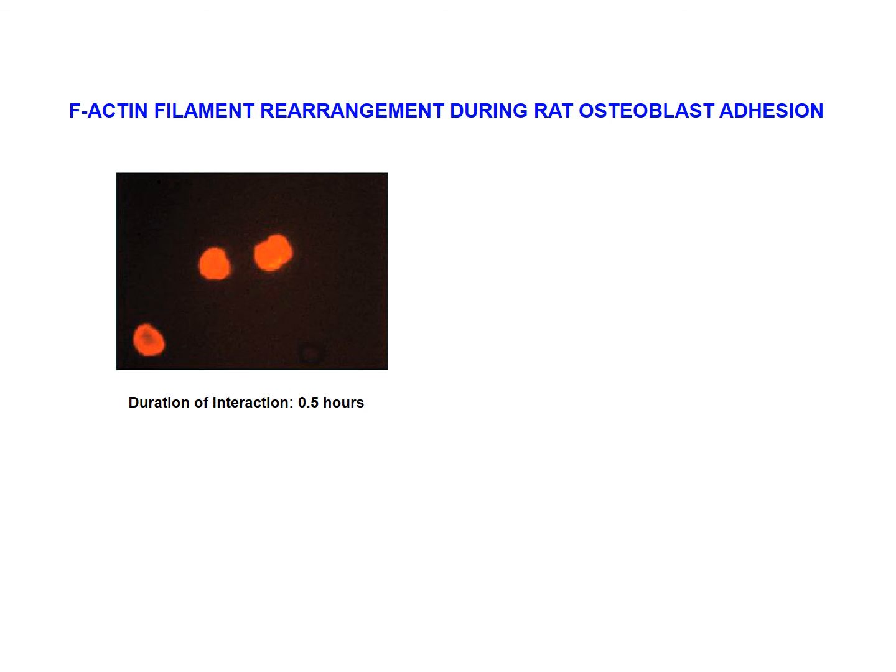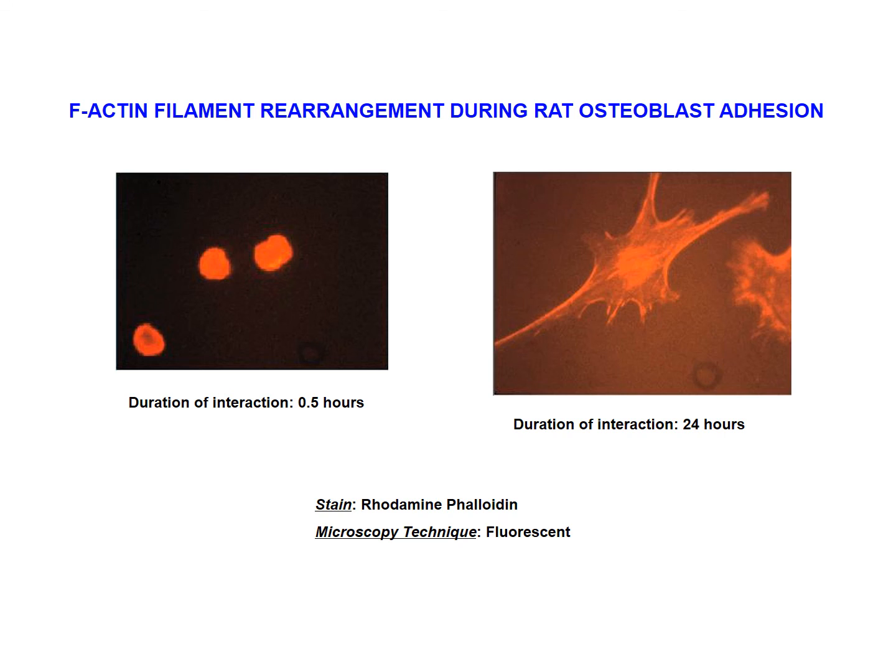We have in addition fluorescent microscopy, and if you take the appropriate stain, in this case a stain called rhodamine phalloidin, which stains the F-actin filaments of the cytoskeleton, you can see when the cells are still making their initial interaction with the substrate they are very spherical, and that particular stain is diffused almost uniformly throughout the cell.